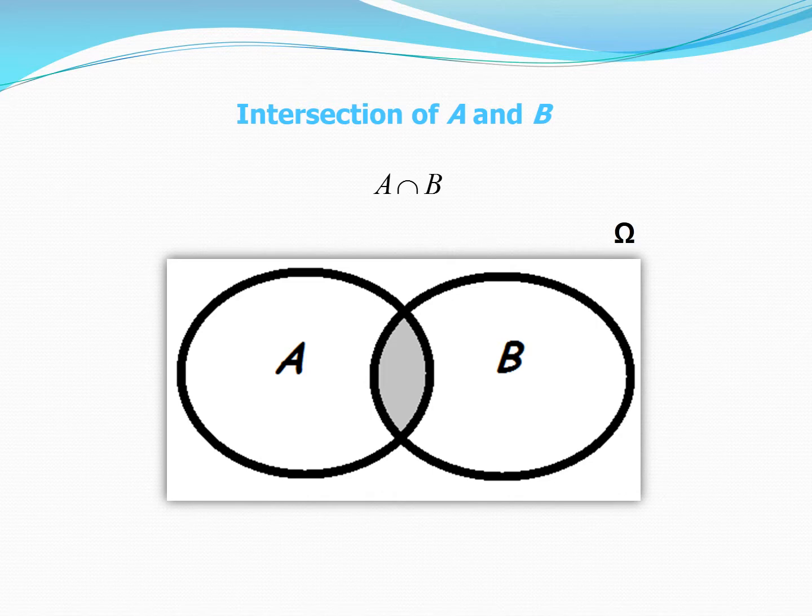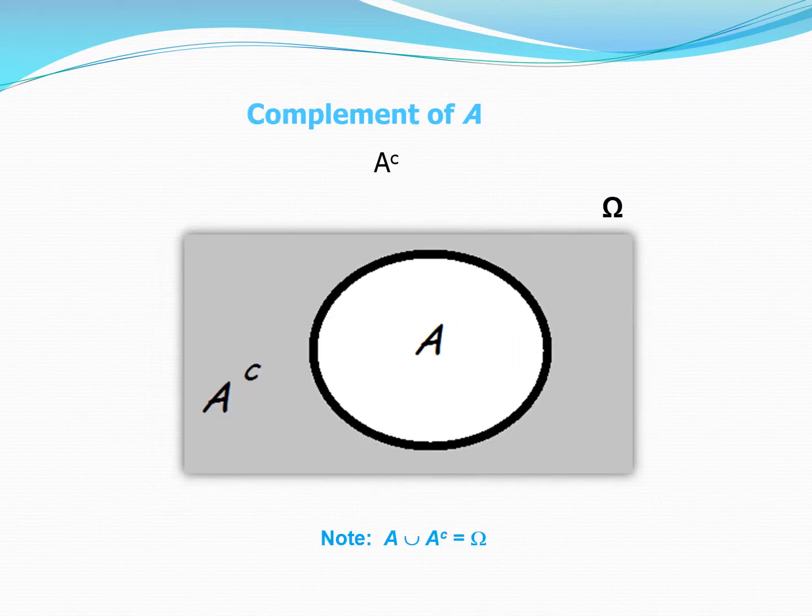The complement of set A is denoted by this notation, A superscript C. If I have a set A in my universal set, then everything that is still in my universal set but not in set A, that will form my A's complement.